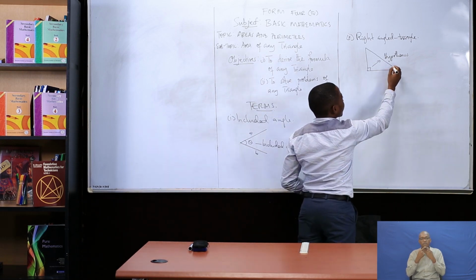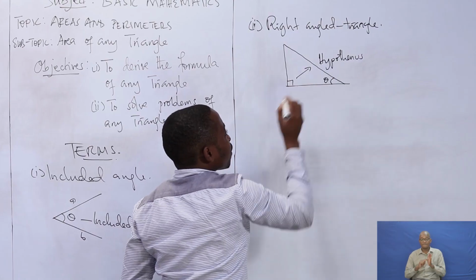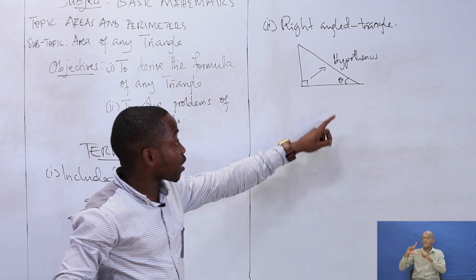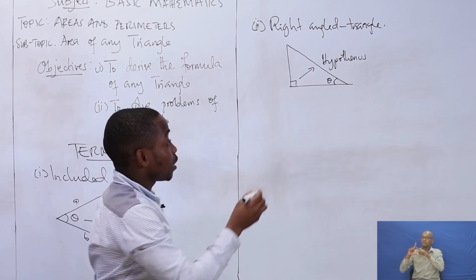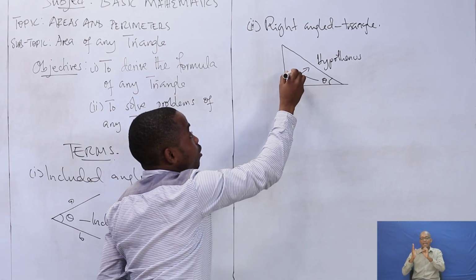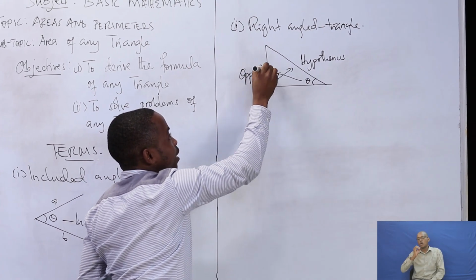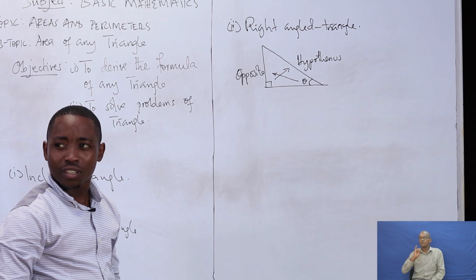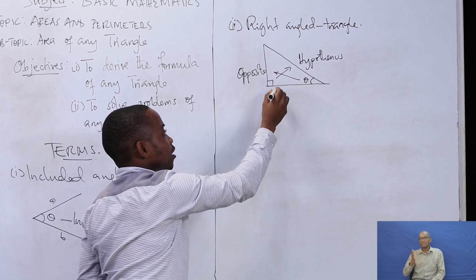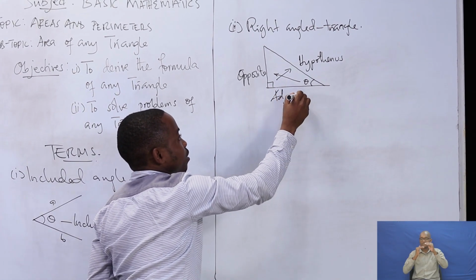For example, our angle in this right-angled triangle is this one. Then the side which is faced by this angle, which is not 90 degrees, is known as the opposite side. And the remaining, third side is known as the adjacent side.